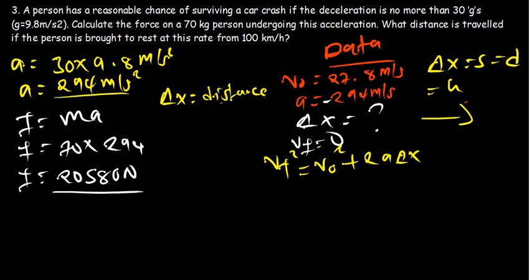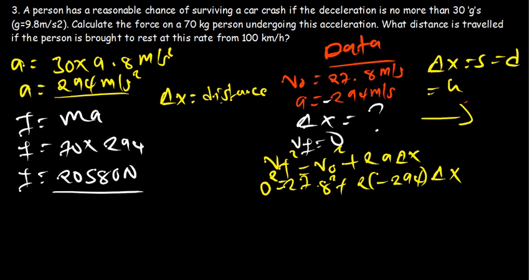The final is going to be 0 squared, and the initial, we have 27.8 squared plus 2 times our acceleration, which is negative 294. Change in x is the one we want to find. Shift that guy to the other side.